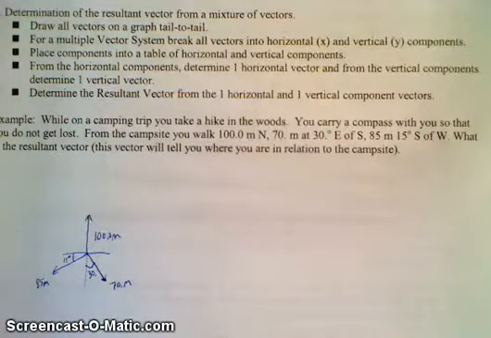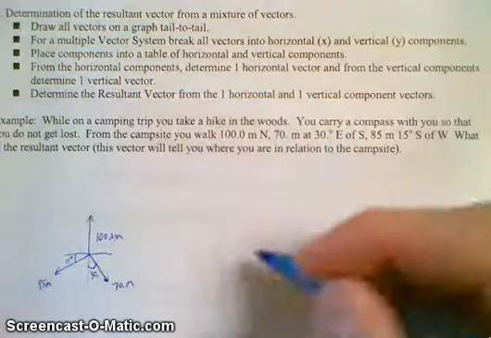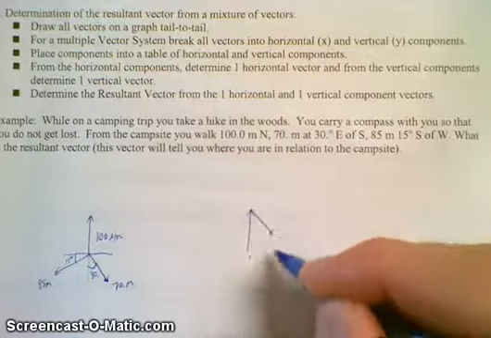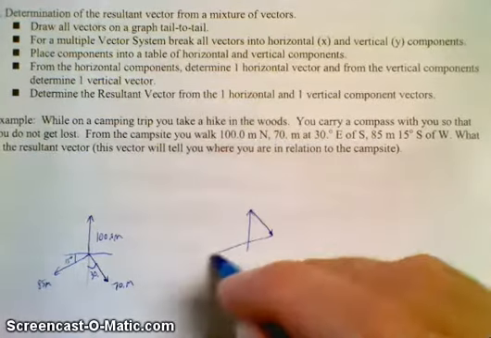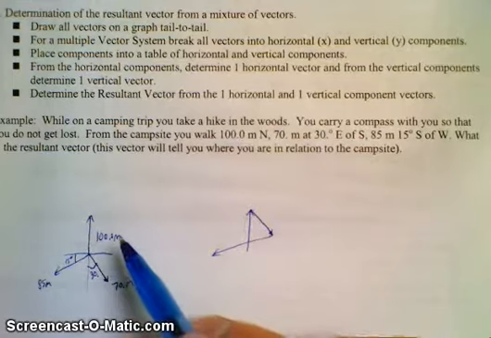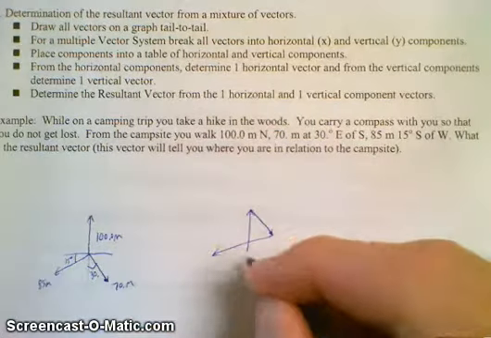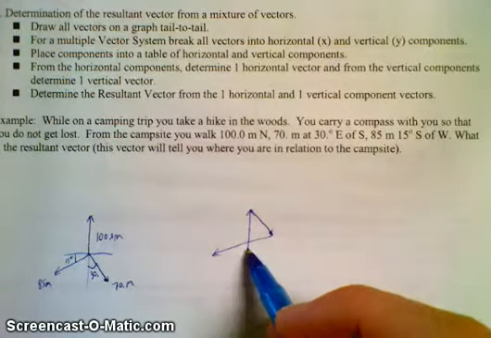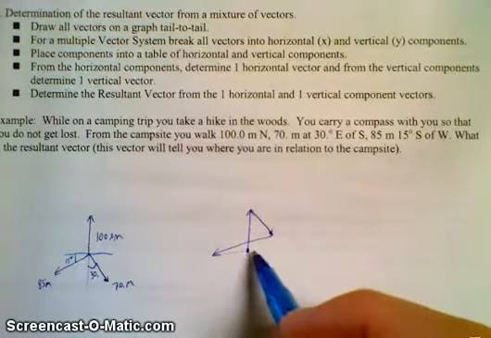Okay, and then if I actually walked here, then went here, and then went here, that's actually what I'm doing. Going north, back this direction, back over here. But in relation to my campsite, if this were my campsite, I'm trying to determine that vector where I'm at in relation to that campsite.